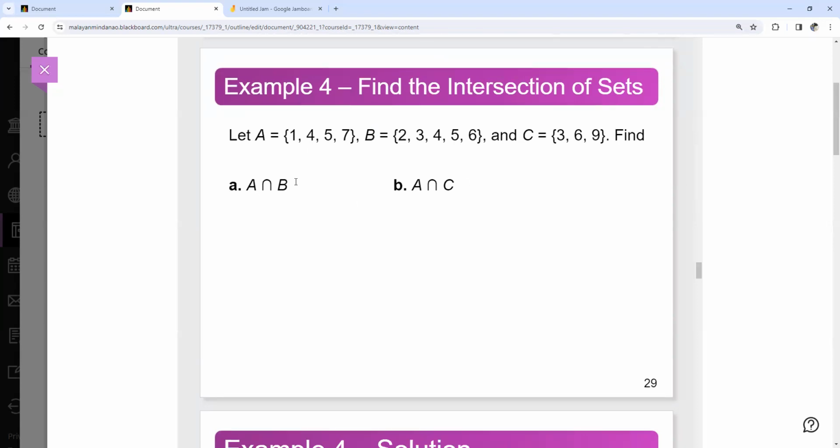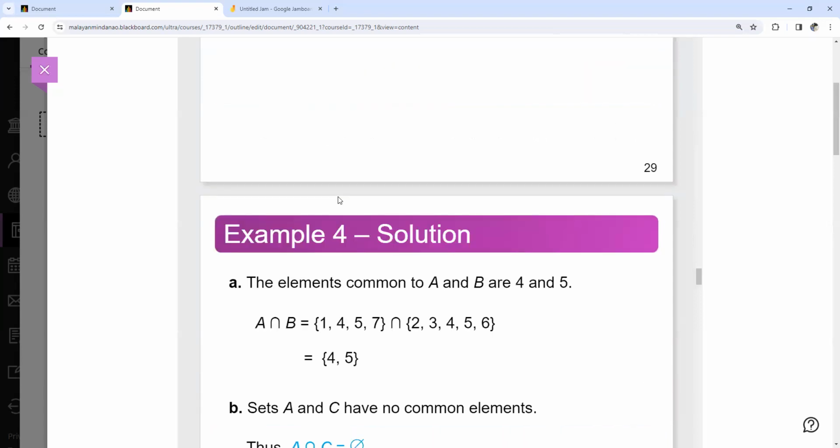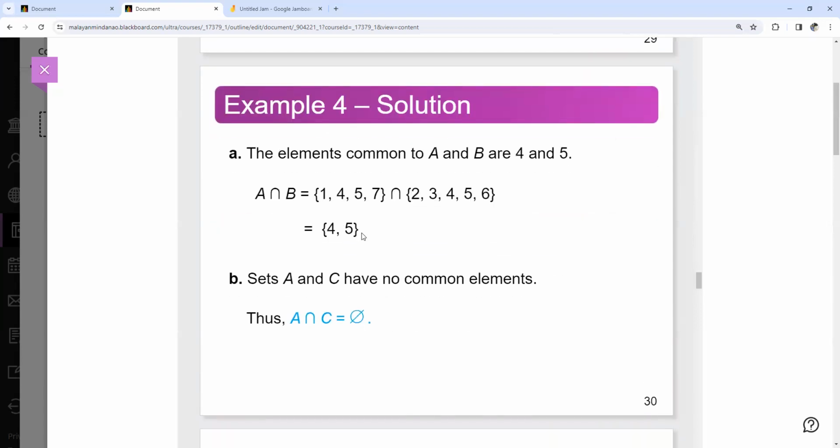Find A intersection B. What elements are common to both A and B? The answer is 4 and 5.